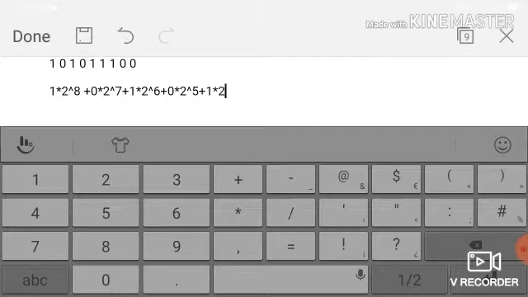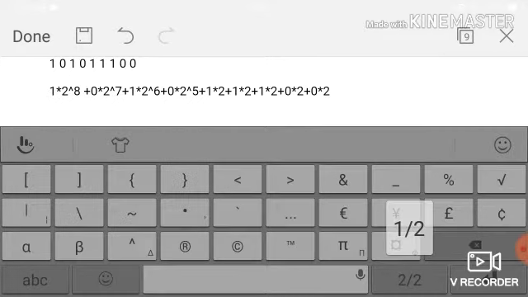So we're going to put the exponents later. Plus 1 times 2 plus 1 times 2 plus 0 times 2 plus 0 times 2.